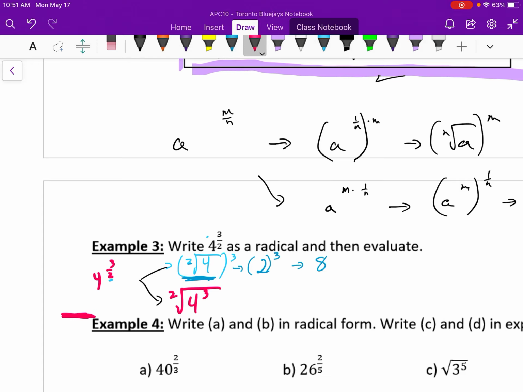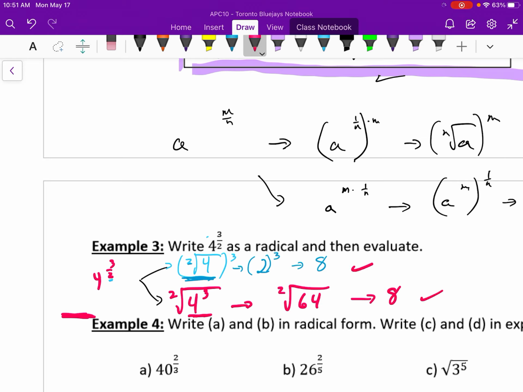In the bottom now, I'm going to evaluate my radicand first. So 4 to the power of 3 happens to be 64. The square root of 64 is 8. And notice these two results end up being the same.